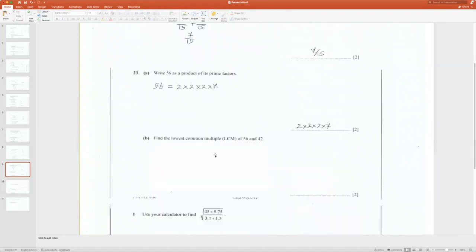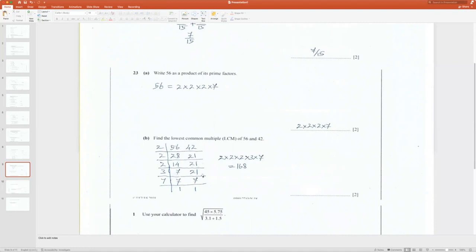Find the lowest common multiple of 56 and 42. So we can do like this. 56 and 42, we can use prime numbers. Divide by 2, 28 and 21. Then again by 2, 14, this is not divisible.